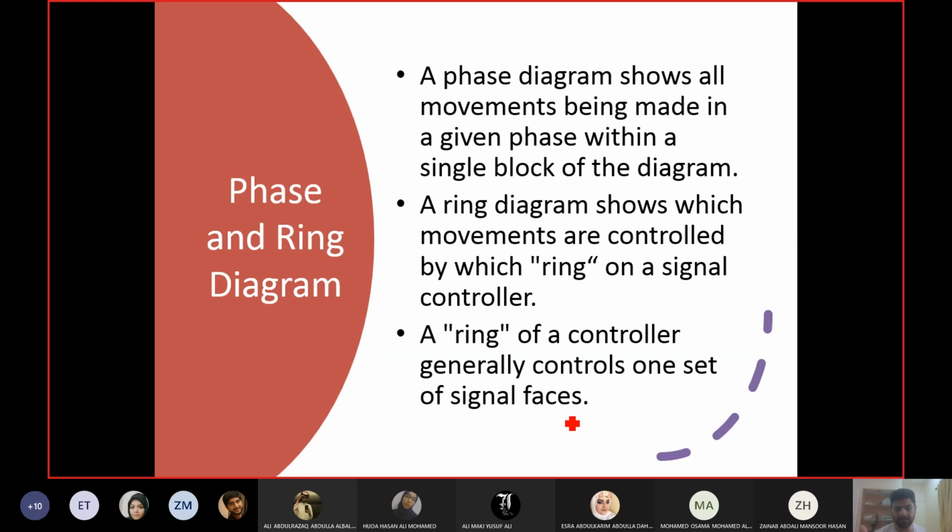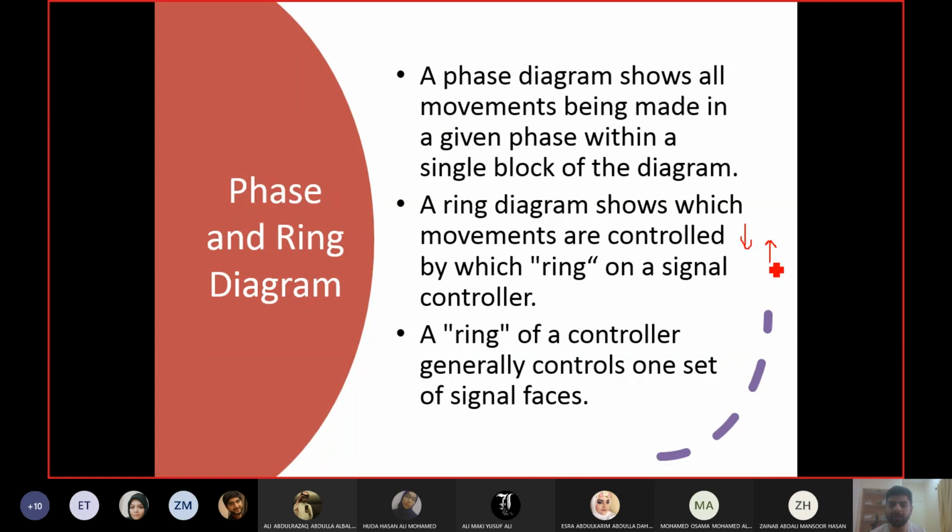Like I said in the previous slide, you may have a signal which is for straight movement. This is one set of signal faces, for one direction. Now in the same phase, you may allow another straight movement, and this is very common.